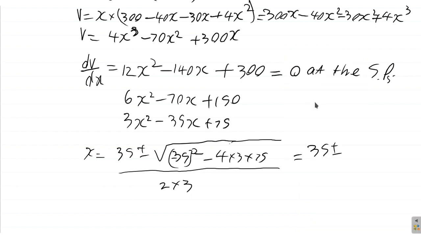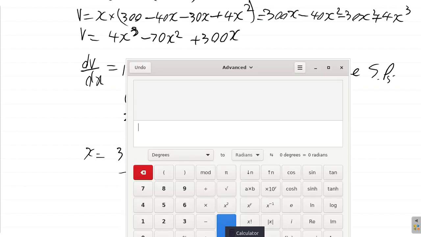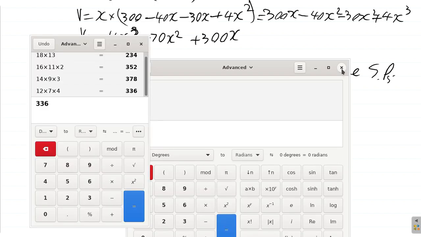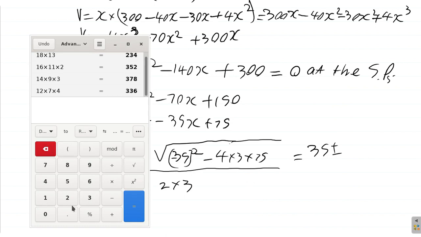So, when you work it out, you have 35 squared. Negative 35 squared gives you the same thing. 35 squared is 1,225, minus 4 by 3 by 75, which is 900, equals 325.